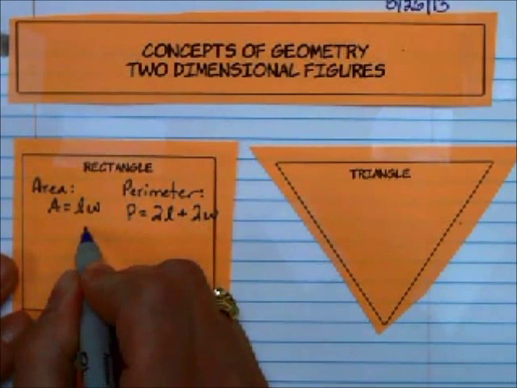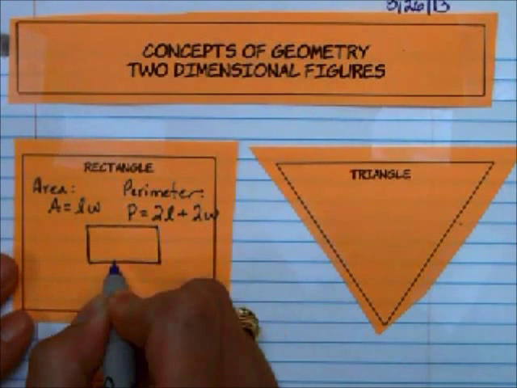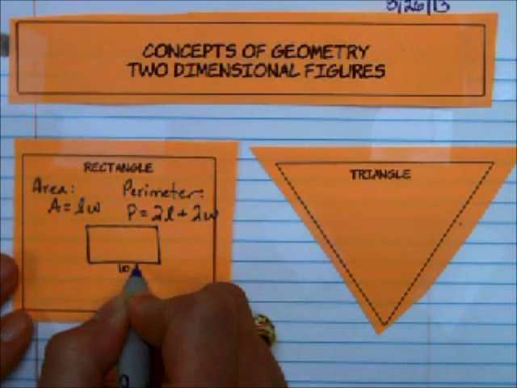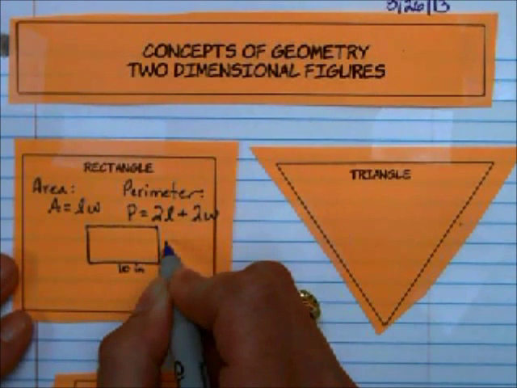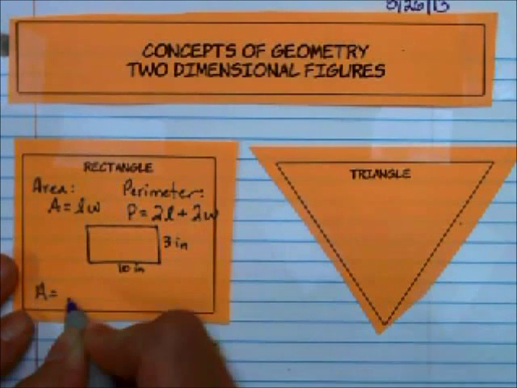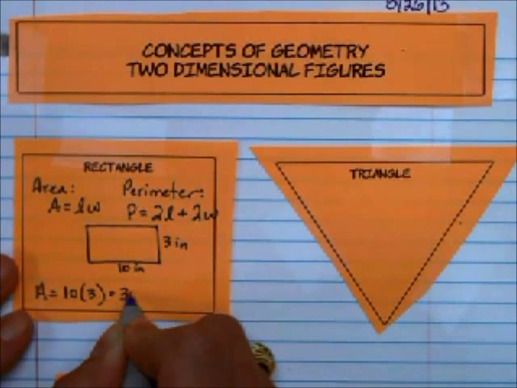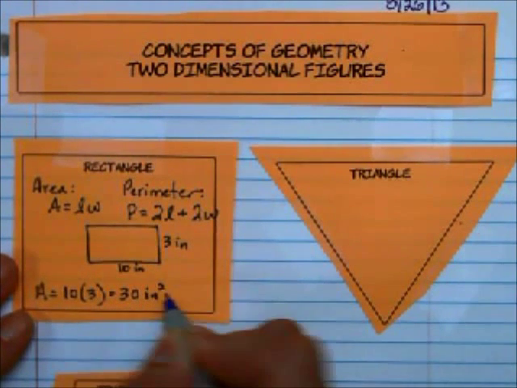So if I take a rectangle that has a length of, say, 10 inches and a width of 3 inches, then to find the area, we're going to do length times width. So that's 30 inches squared.